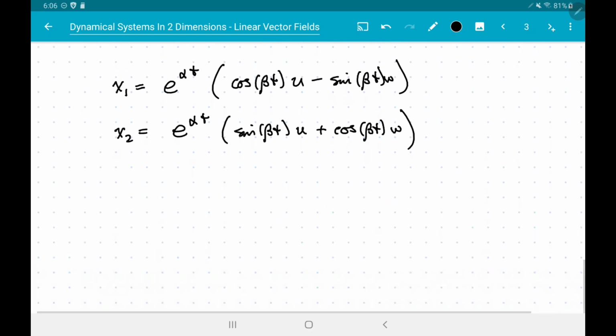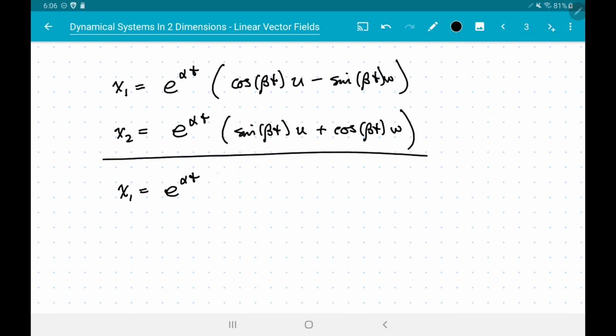Now, what do these look like? So here's how to make this work. Let's just first focus on this one.